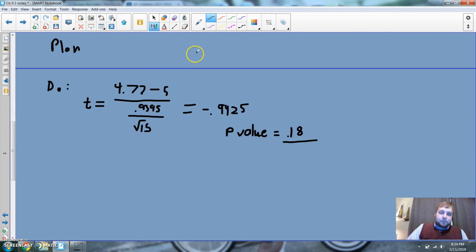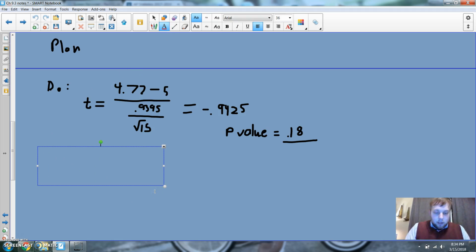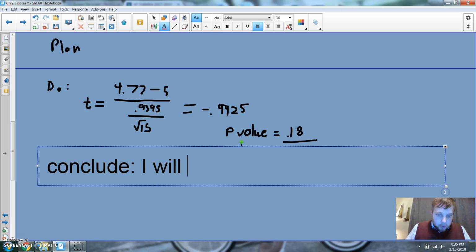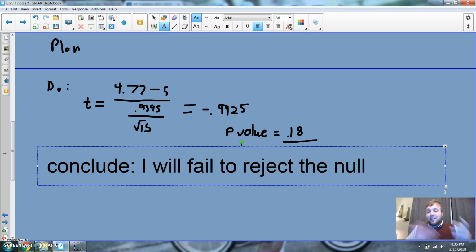So in conclusion, I'm going to say: I will fail to reject the null. Meaning I don't have enough information to say it is actually lower, because an 18% chance of getting this low result is possible.